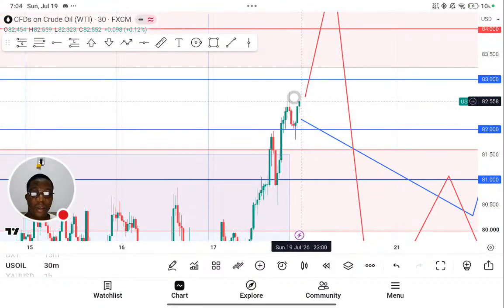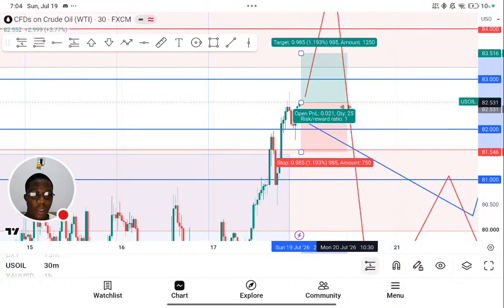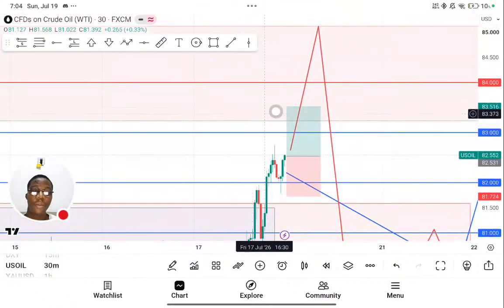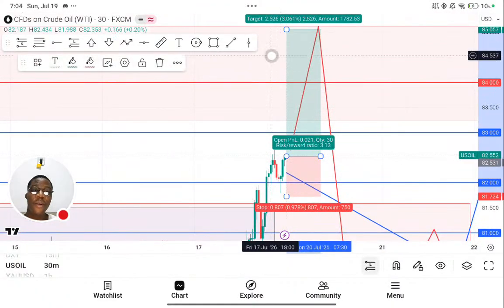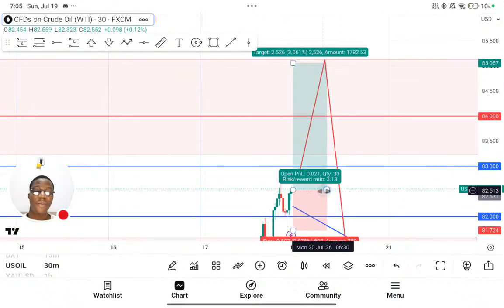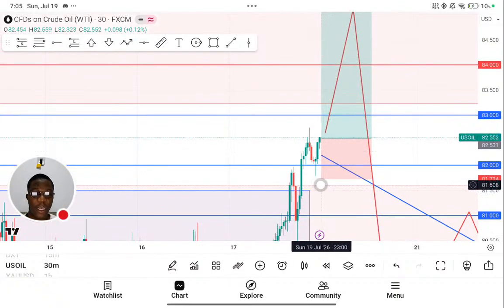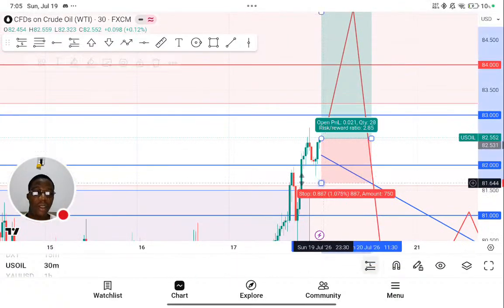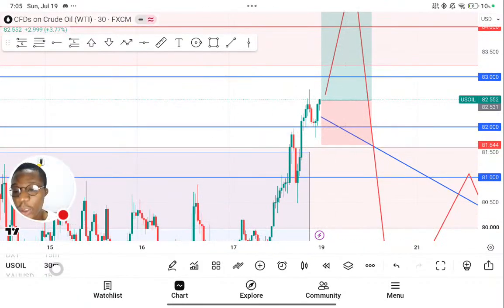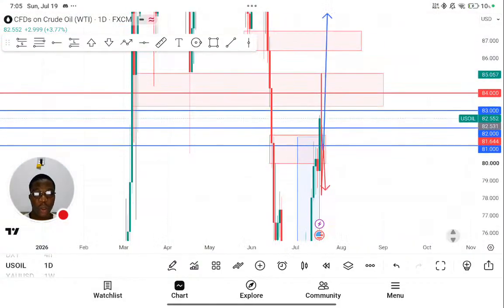So there's validity if price doesn't even test this level, because the buy looks aggressive. But be mindful of these marked zones. If you are buying, manage your trade well, because this is already a buying trade. It's looking bullish, but there could be a liquidity top here. So do with that information whatever you may, and however it pays you.